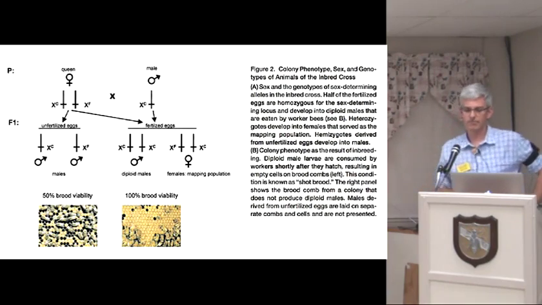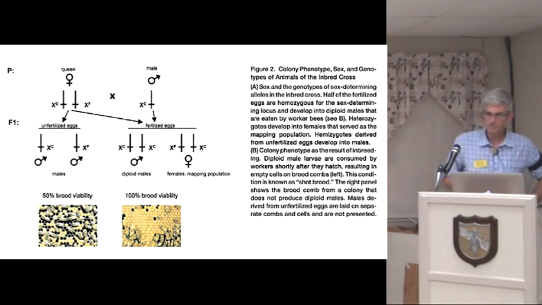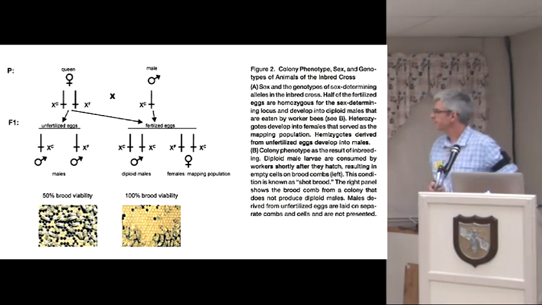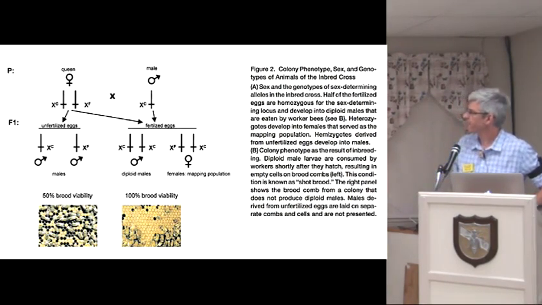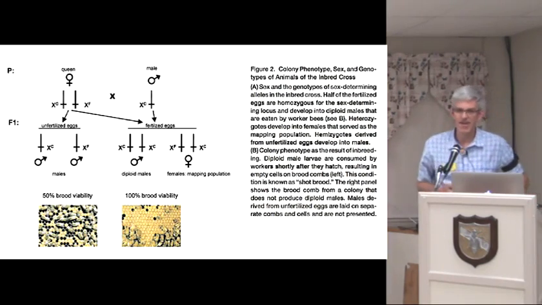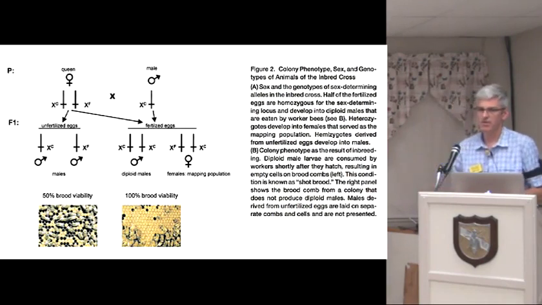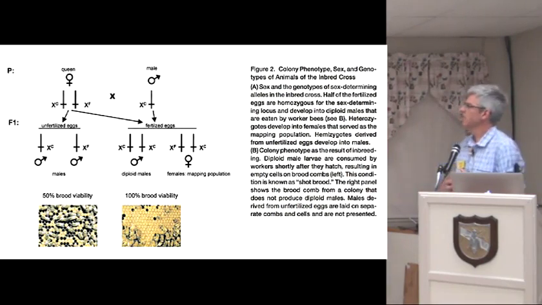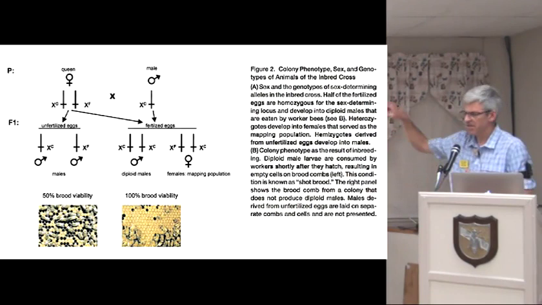Yes? So if you're in the lab and you want to make XC, XC eggs, and you have complete control over the mating of the queen, pathological as it is, how do you do it? So the question is, how would you set up this mating in the lab?